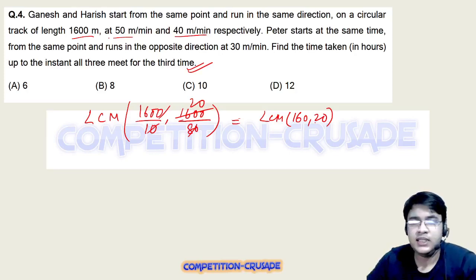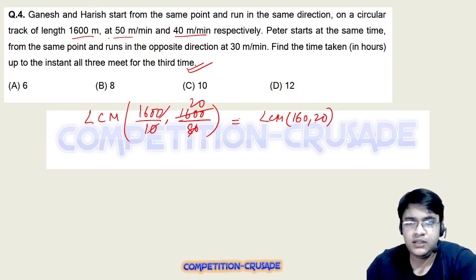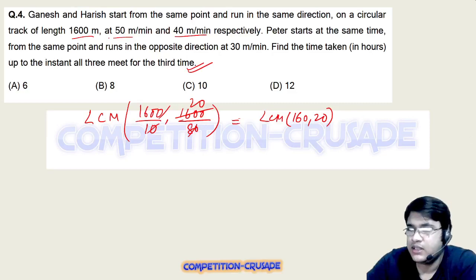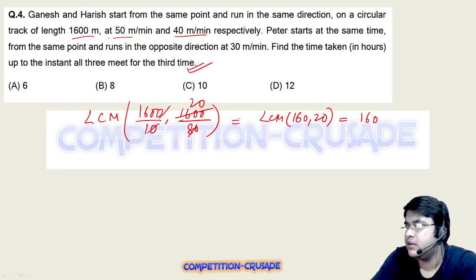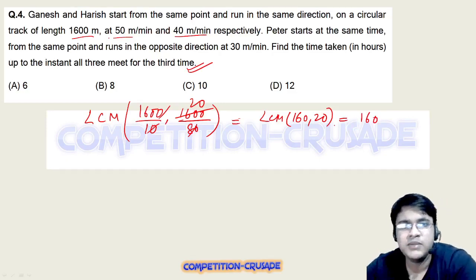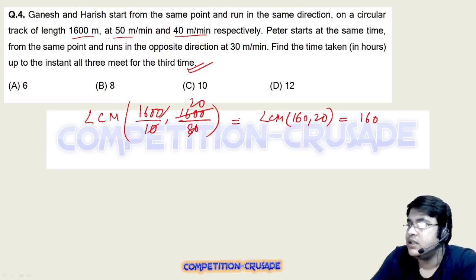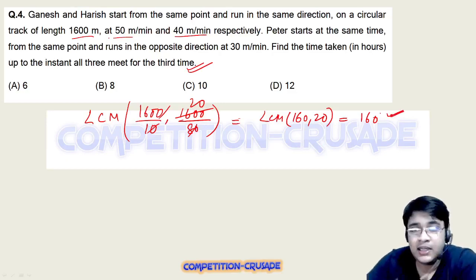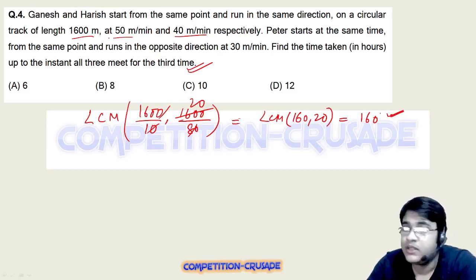Now tell me, is 160 a multiple of 20? Definitely. 160 is going to be the LCM, but if you want to calculate it, you can. I'll just write 160. It's not very difficult. 160 is a multiple of 20, it gets cut 8 times. So this is the time, and understand this is in minutes, so 160 minutes.